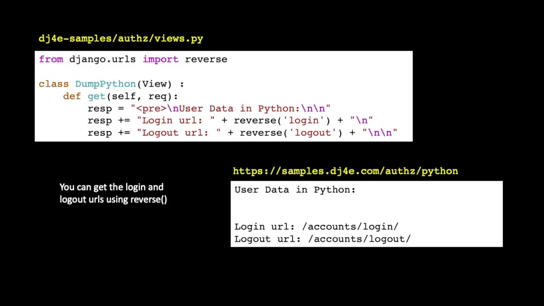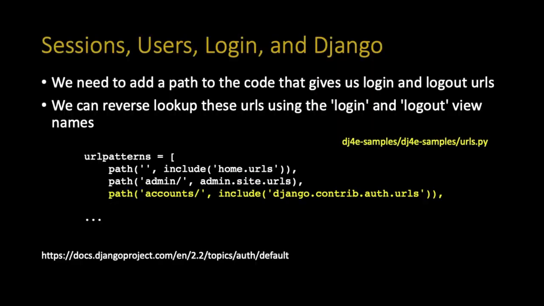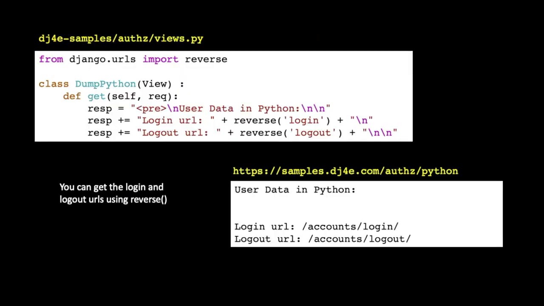So the way we get the URLs to the login and logout features in the applications is we use reverse. We've been using reverse all along. Reverse is the way we look up a particular view. In some urls.py, matter of fact, in that django.contrib.auth urls, there is a name equals.